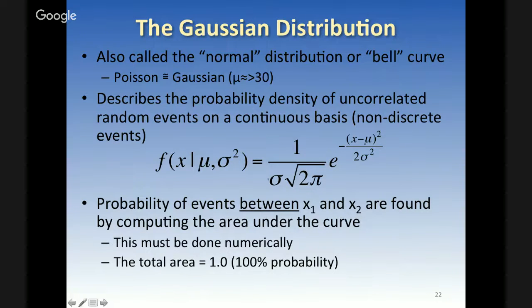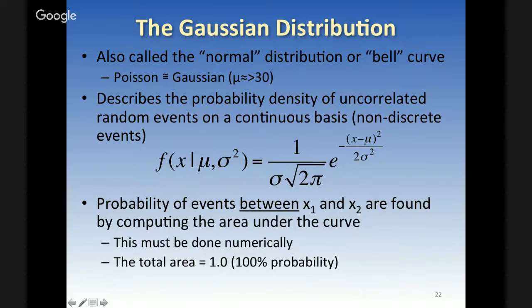This normalizing factor out here makes sure that if you integrate under this curve, you end up with a probability of 1. The total area under the curve has to be 1. The important part is this e to the minus (x minus the mean) squared over 2 times sigma squared.